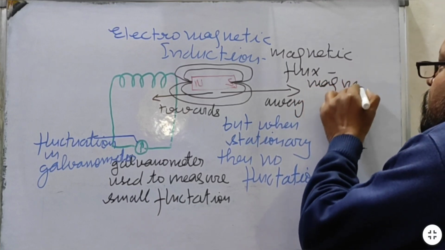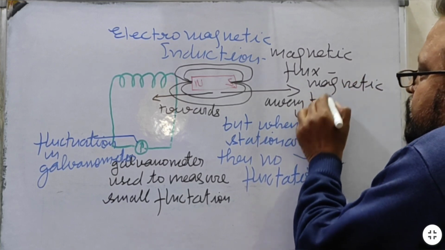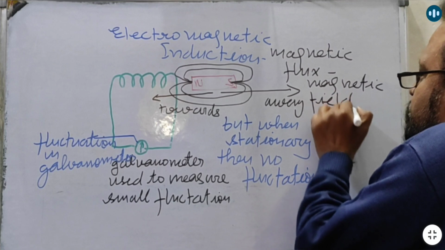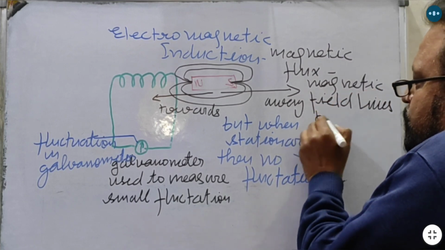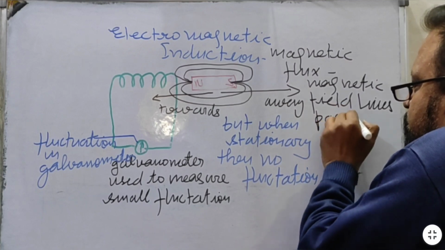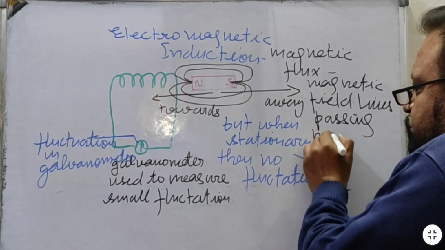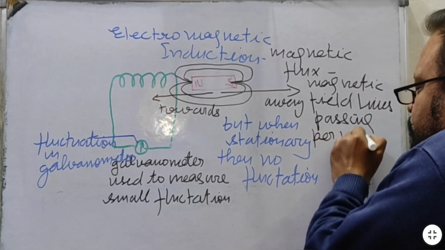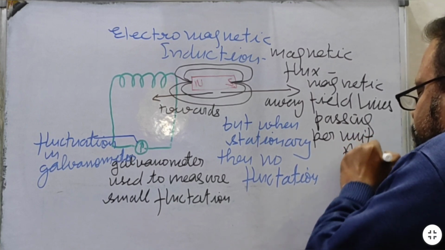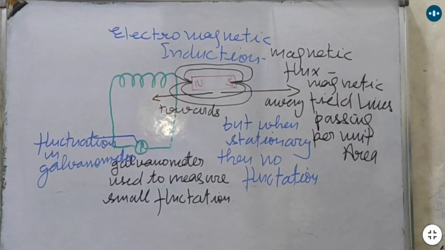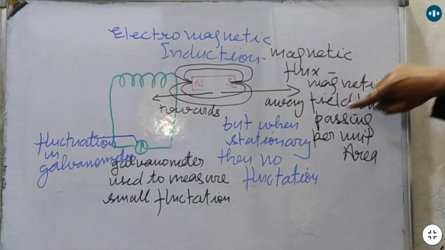Magnetic flux is magnetic field lines passing per unit area.